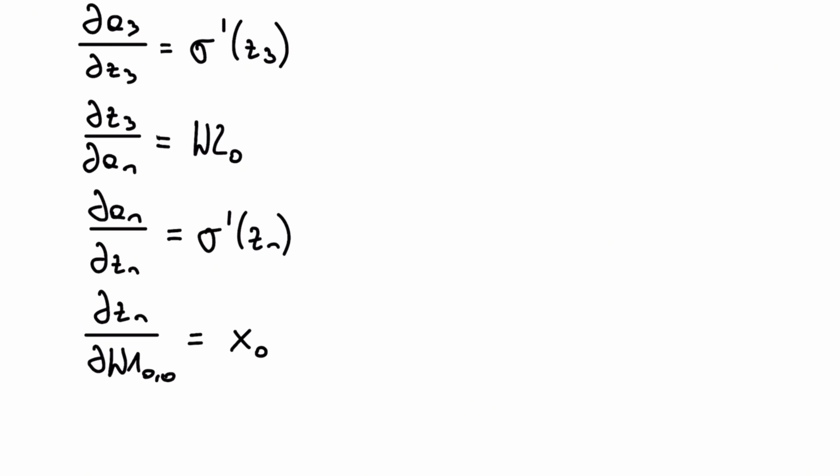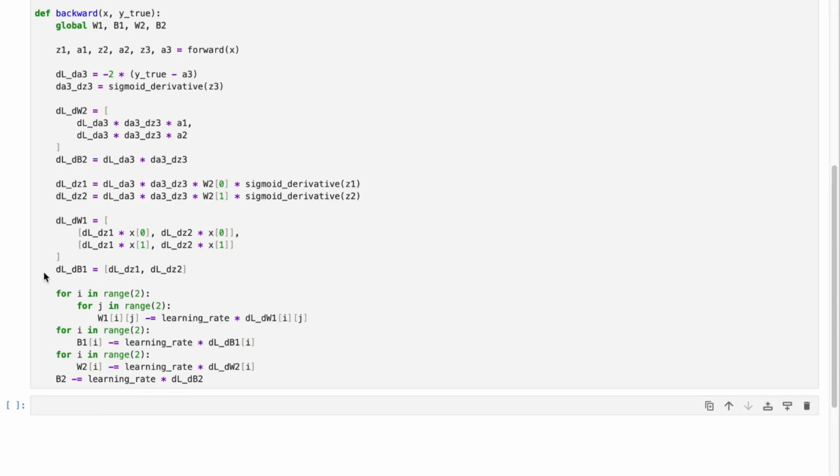Of course, this principle is not only applied to this one weight, but also to all other weights and biases in the network. So yes, it's a lot of derivatives to compute, but the core idea is always the same. And that's exactly what happens inside the backward function in our code. Now that it's hopefully clear what's going on and why, let's quickly summarize everything.